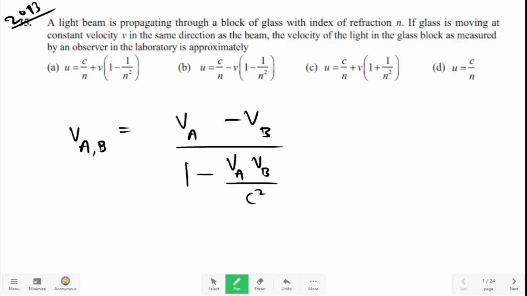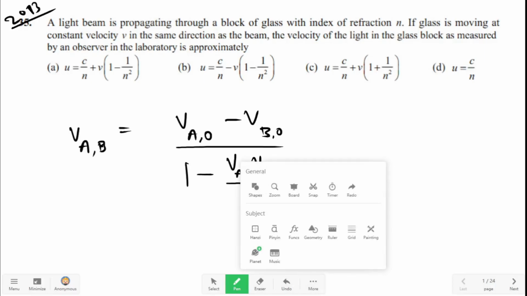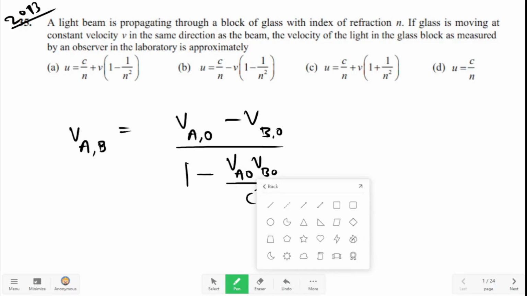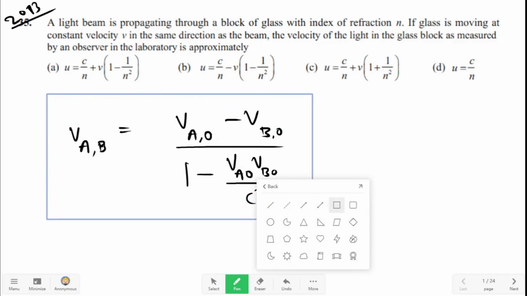Now you have to make sure that the velocities of A and B are measured with respect to the same frame. So if you take O frame here, then you have to take O frame here as well. This is the relativistic velocity addition formula. We will be using this after some time. This is a very important formula.